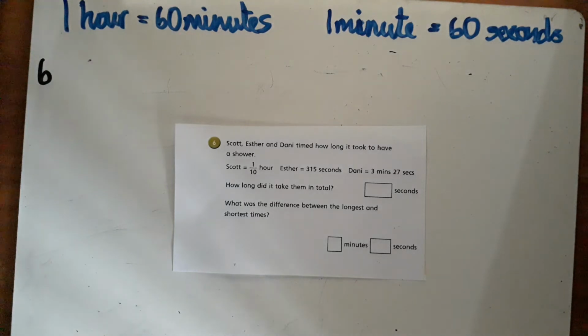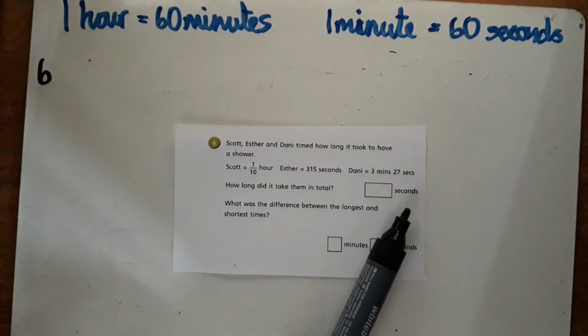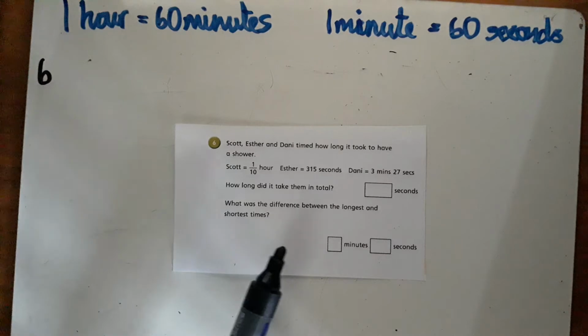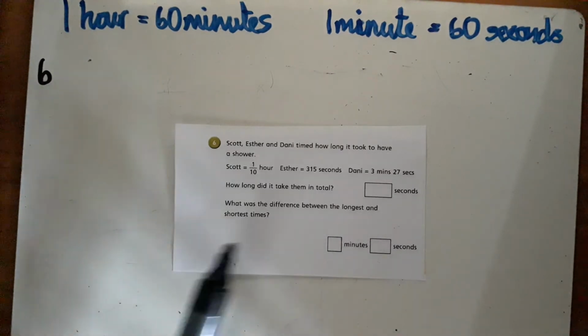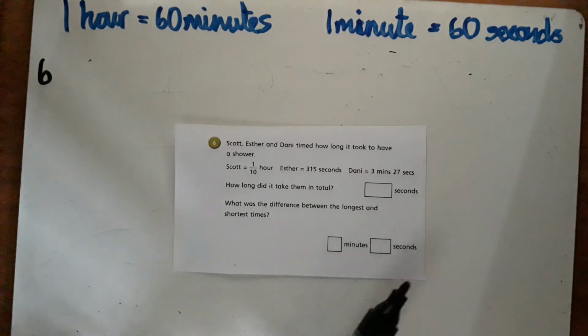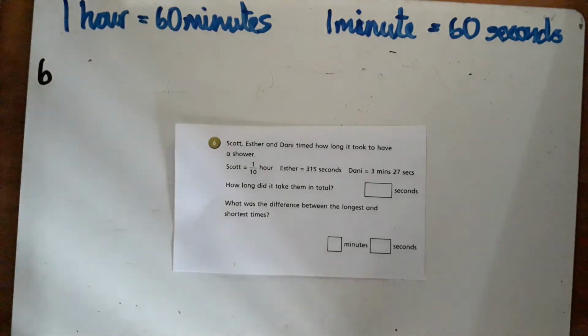How long did it take them in total? And I've got to give my answer in seconds. That's really important to remember. What was the difference between the longest and the shortest times? And I've got to give that in minutes and seconds. Okay.